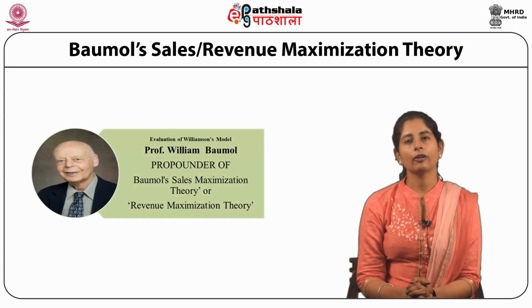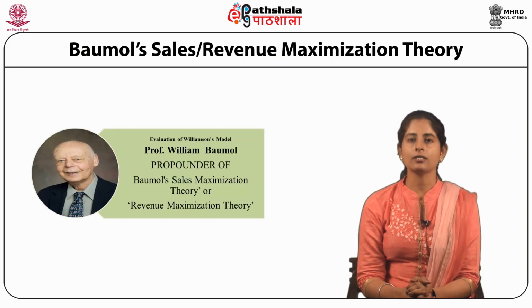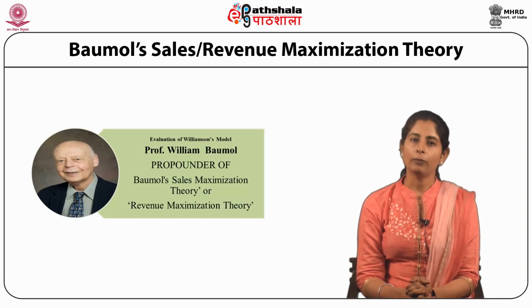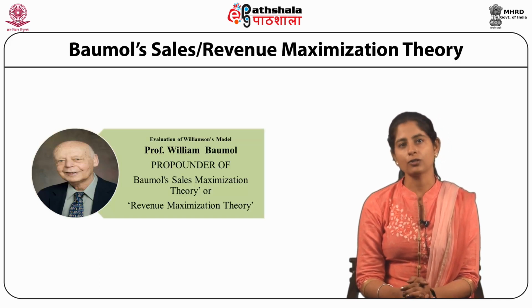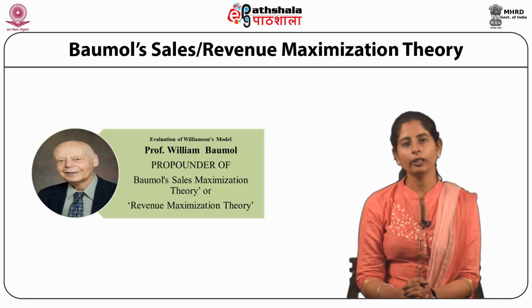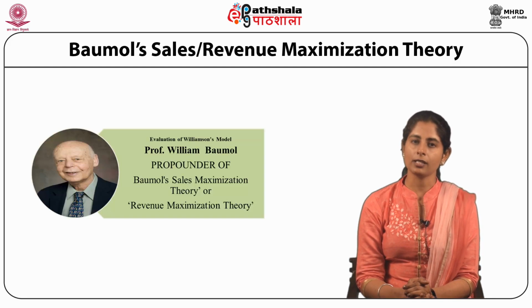Baumol's sale or revenue maximization theory. Another theory took sales maximization as the organizational goal. Baumol propounded this theory based on his own experience of American oligopoly firms. The firms go after the sale maximization objective in the long run.